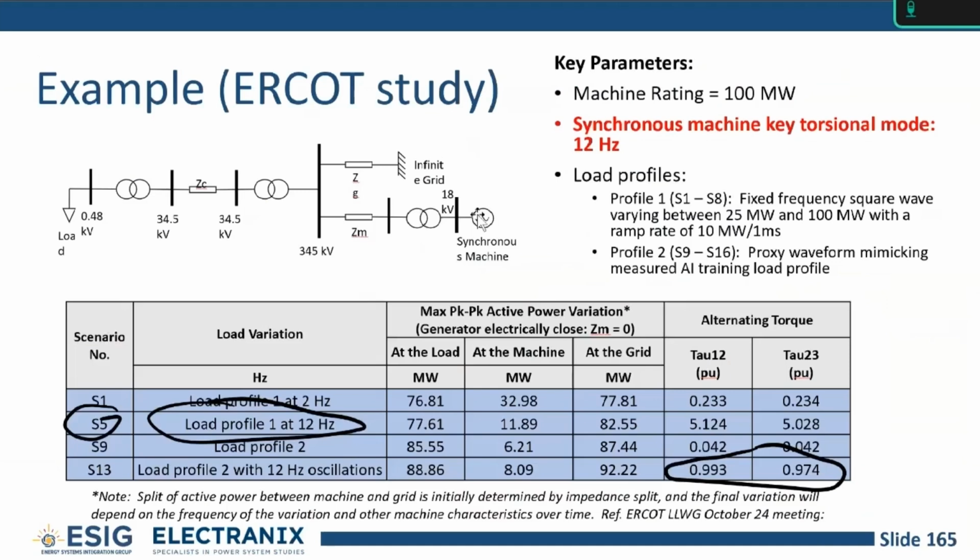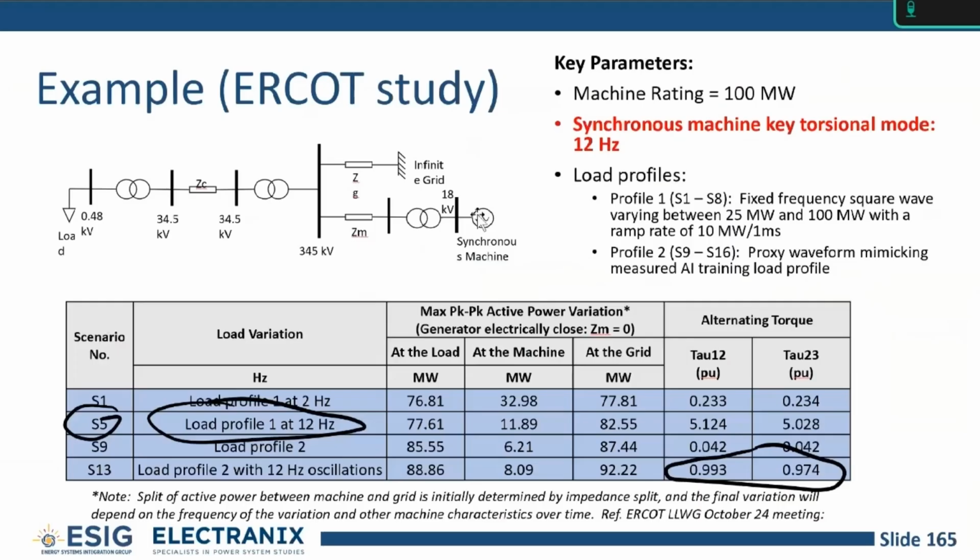In this case, we have a 12 hertz mode on this machine, but there may be multiple machines with multiple torsional modes, which is correct. We saw a presentation, actually the same week we did the ERCOT LLWG presentation, we saw GE. Dustin gave a presentation on GE's analysis of this. So as a synchronous machine vendor, they came around to a very similar conclusion, except their solution was just make sure your load has a notch that has 0 oscillations at the modal frequency, which is nice. 0 is a nice number to have.